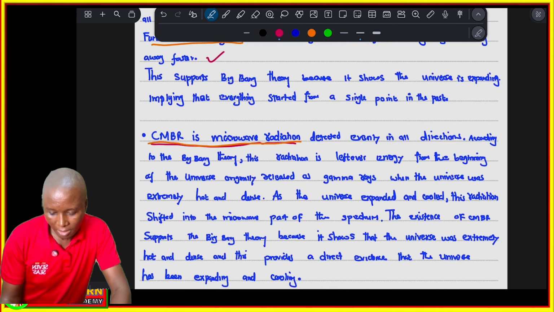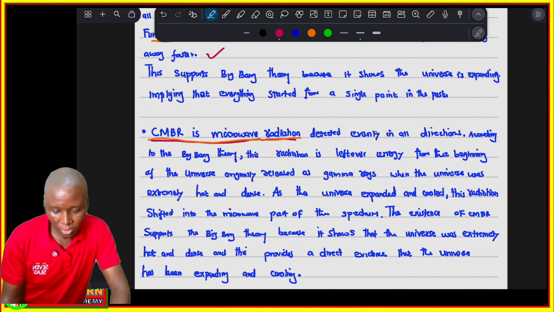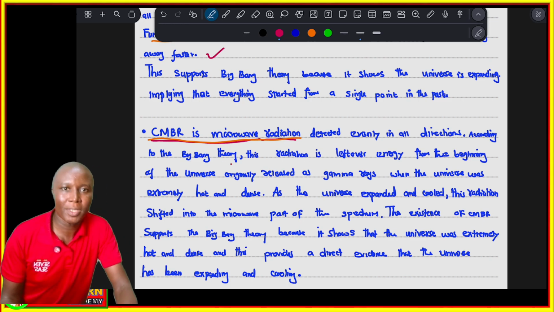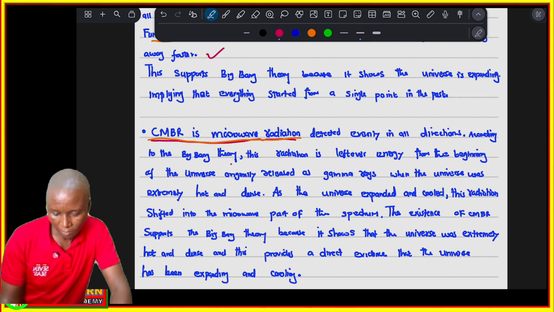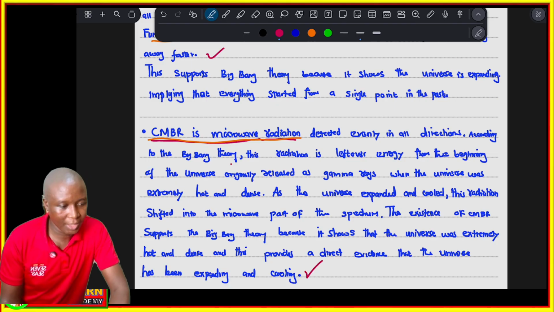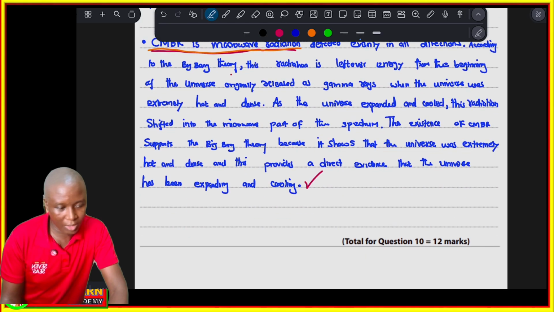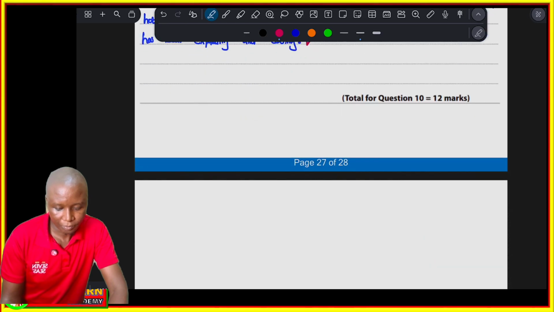Then CMBR is microwave radiation detected everywhere in all directions. According to Big Bang theory, this radiation is a leftover of the Big Bang that took place billions and billions of years ago, and it has cooled over time. So basically, that's what you are supposed to do in this particular paper.